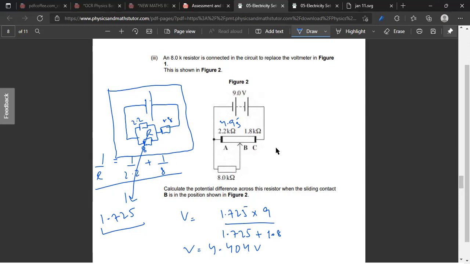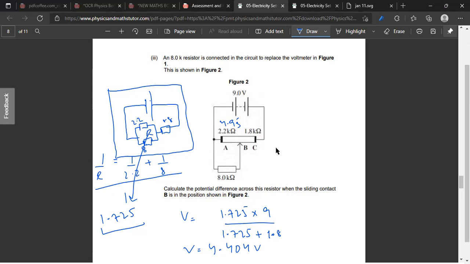Times 9. I think you did it a bit wrong. The answer is 4.4, but you got 4.04? And I got 4.4 as well. Oh, I got 4.404 actually. Okay, never mind then.